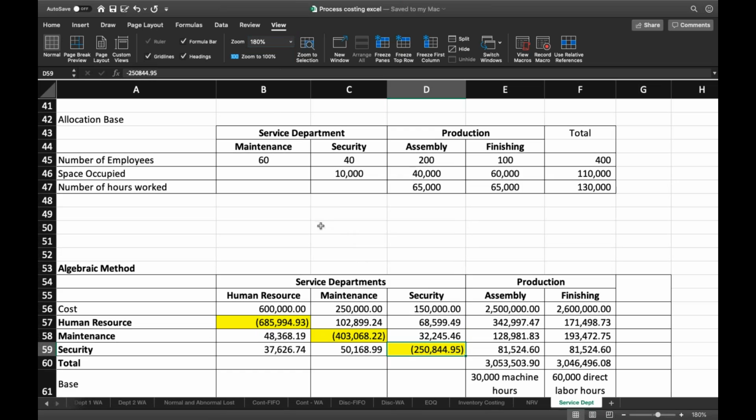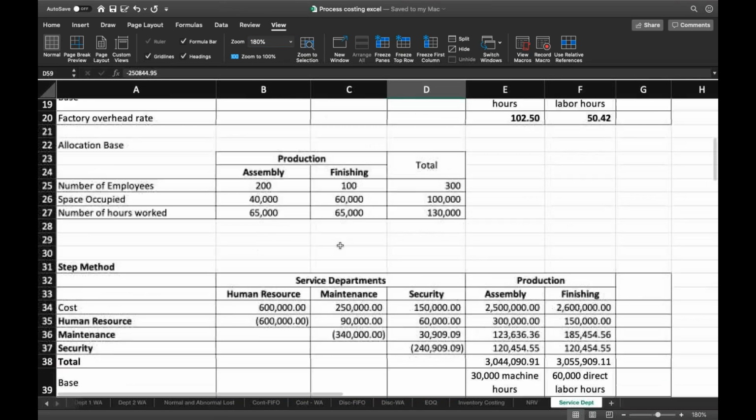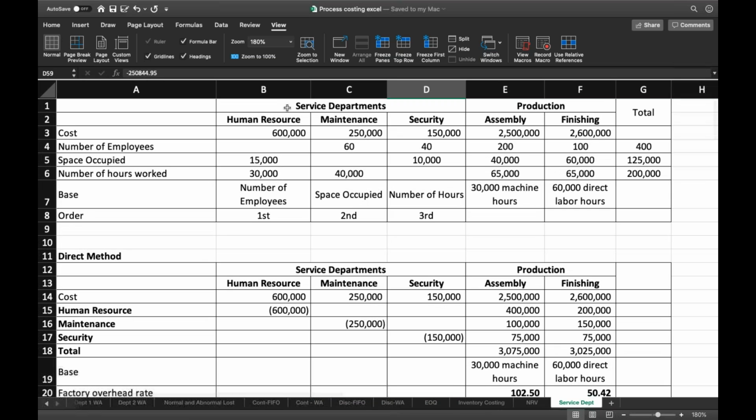Say we have three service departments: human resource, maintenance, and security department. And we have two production departments, assembly department and finishing department. Now the overhead costs for the five departments are as follows: 600,000 for human resource, 250,000 for maintenance, 150,000 for security, 2,500,000 for assembly, and 2,600,000 for finishing.